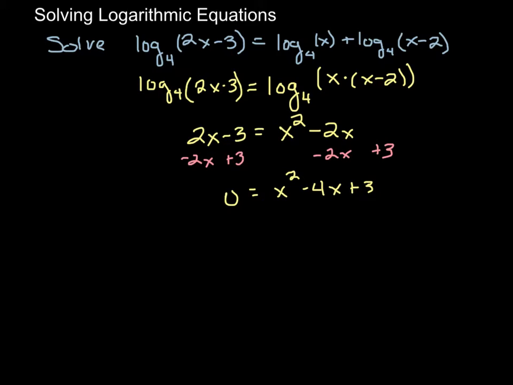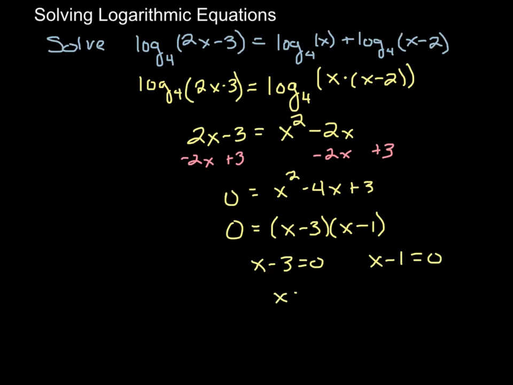Okay, that's easily factorable, and if you didn't want to factor, you could always do the quadratic formula. But we got x minus 3, x minus 1. So now we set both those equal to 0. And we get x equals 3 and x equals 1.